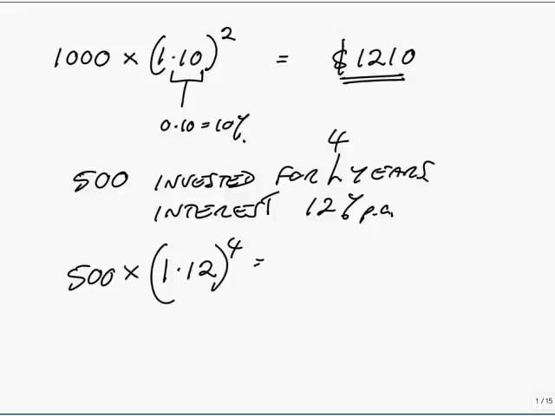If you go 1.12, then press times, it depends on your calculator, but with mine I have to press the multiply sign twice, and then every time I press equals, it gives it squared, cubed, to the 4th.